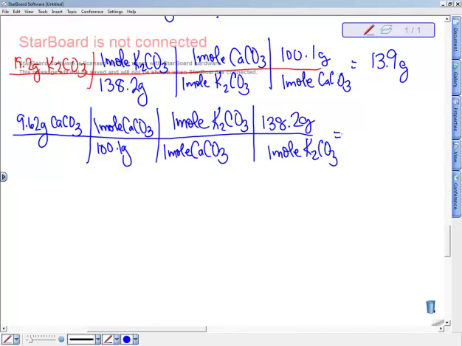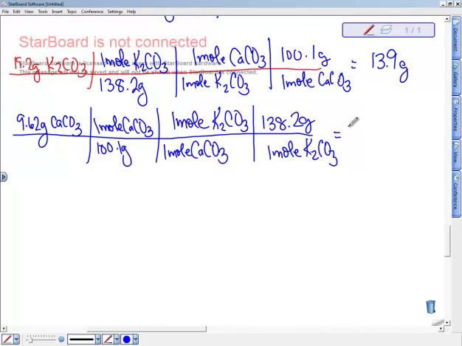All right, remember, this answer represents how much you used, not how much is in excess. How much was used. 9.62 divided by 100.1 times 138.2.